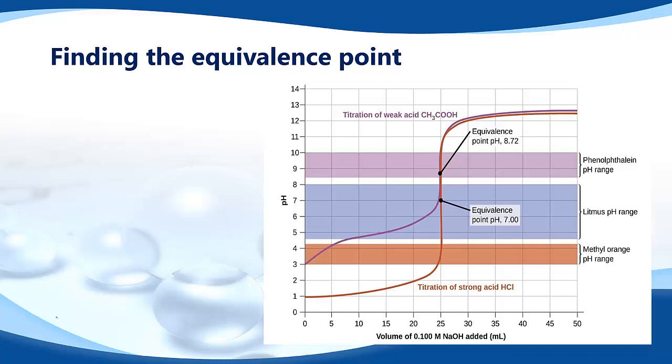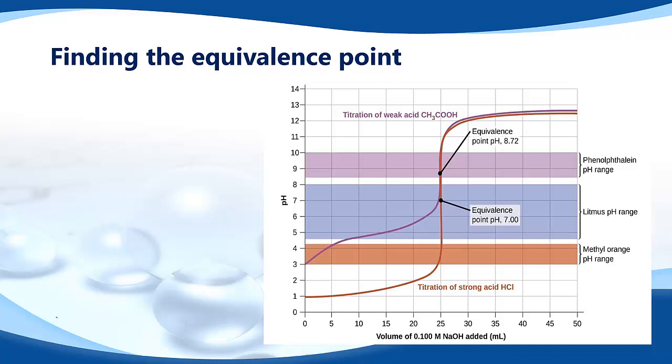And every time it adds a drop, it takes the pH and it makes a point, and it just connects all those points to form a graph. This is actually a lot faster than doing it with the burette, the actual titration, but it takes a lot longer to set up and requires expensive equipment.